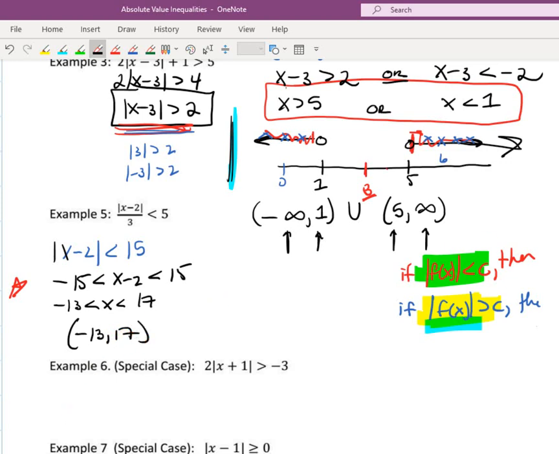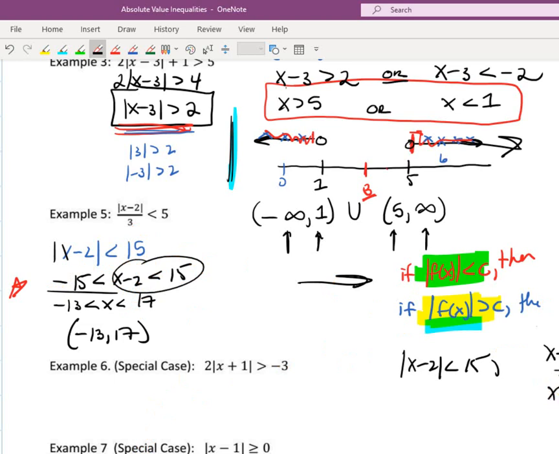The only thing you would find out if you were doing this here instead, you would have x minus 2 is less than 15. So then you would write x minus 2 is less than 15 and x minus 2 is greater than negative 15. So you can see that right there was that, and this one here is that.